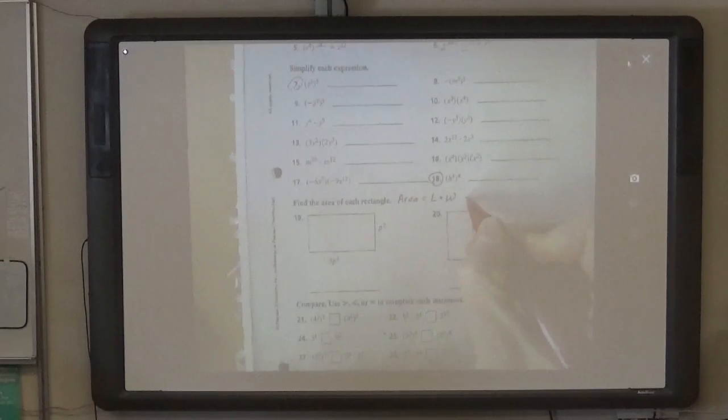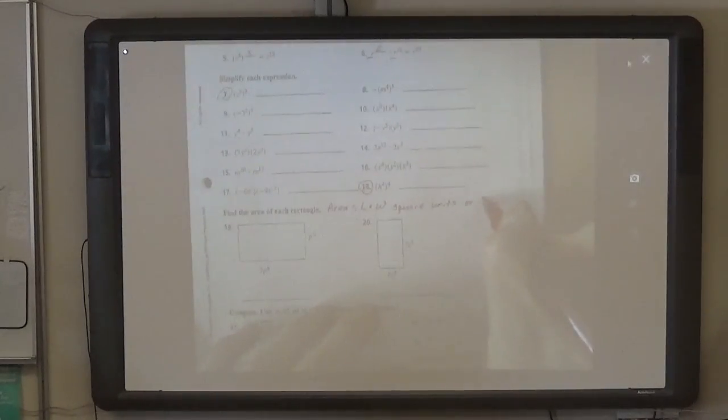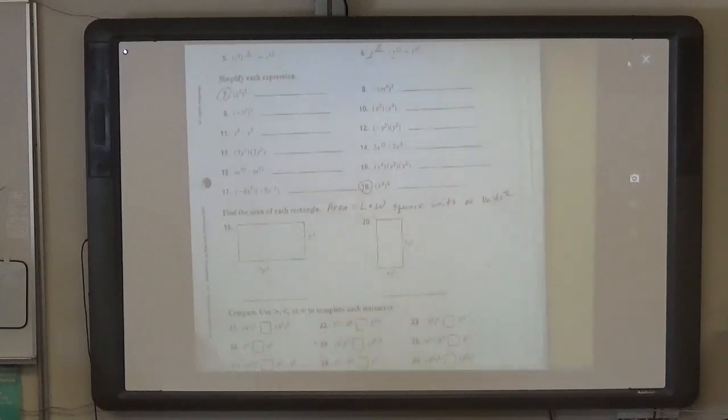Square kilometers. Square units, or you could write units squared. Like that. Okay?